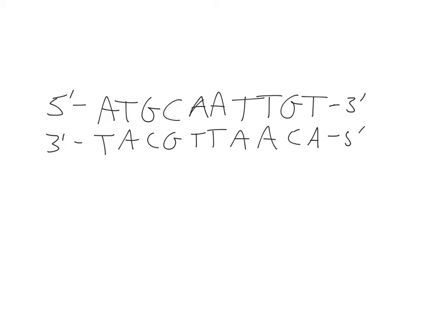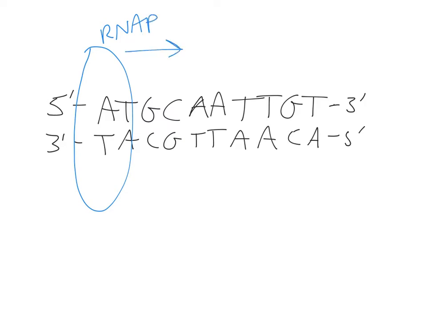So there's a DNA molecule. And here's RNA polymerase. It's going to start there, and it's going to move this direction and produce an RNA molecule.